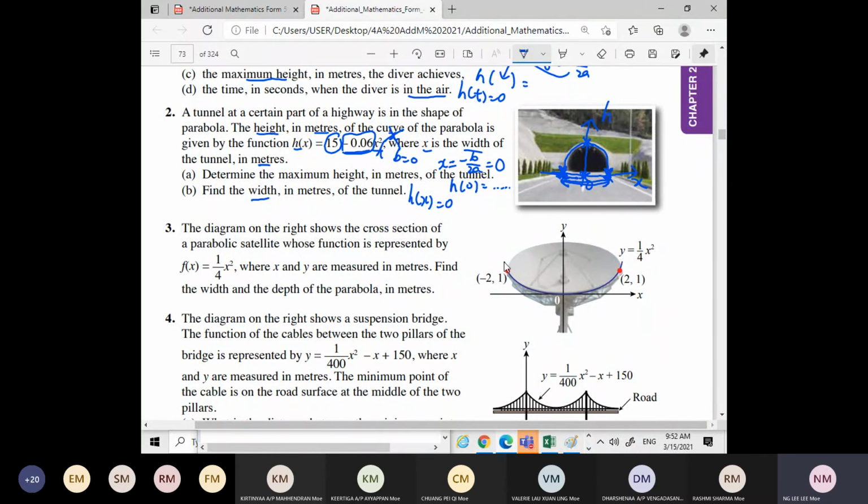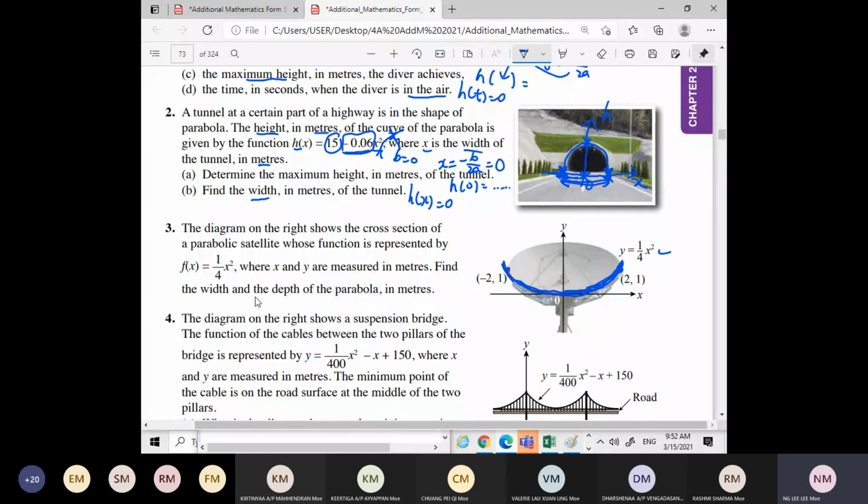Okay, so can you see the black color line? This line I trace, this is the parabola. This is the curve, the function. They give you 2 points, (2, 1) and (-2, 1). And then this is the function.